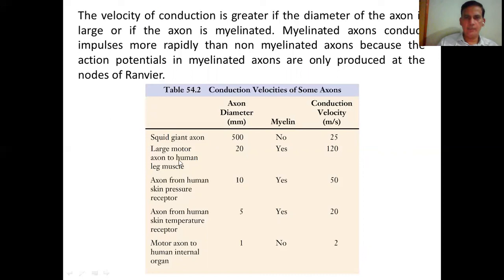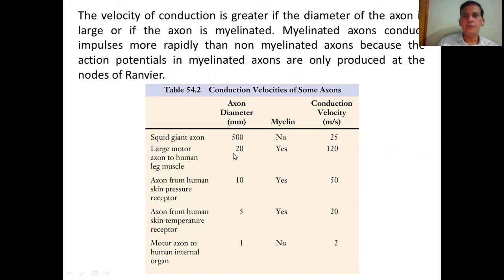So let's have a look at this particular table here. These are the different sites where we have axons. This is the diameter of axons, this is whether they are myelinated or non-myelinated, and this is the speed. Here you can see in the giant squid, the diameter of the axon is 500 micrometers, and it takes about 25 meters per second for the impulse to transfer.